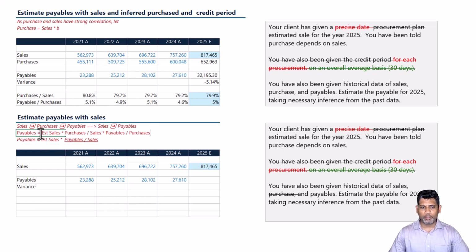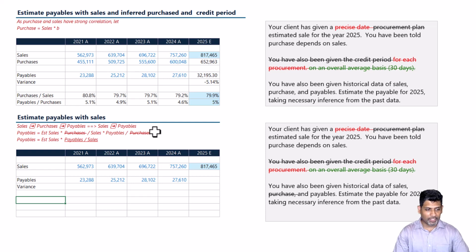See, what we did was we took sales multiplied by the cost ratio, which is purchases by sales, to get purchases. Then we multiplied it by the payables to purchase ratio to get payables. So the purchase in the numerator and purchase in the denominator here will offset each other. And essentially, therefore, payables can also be taken as estimated sales into payables by sales, right?